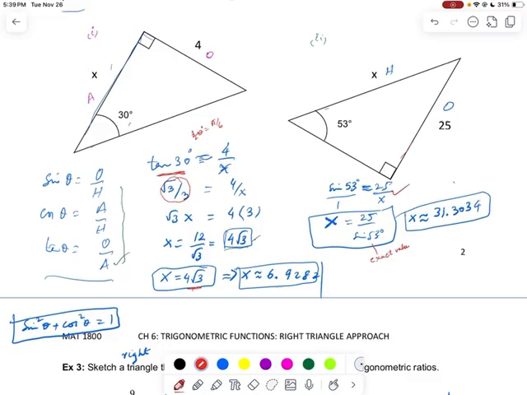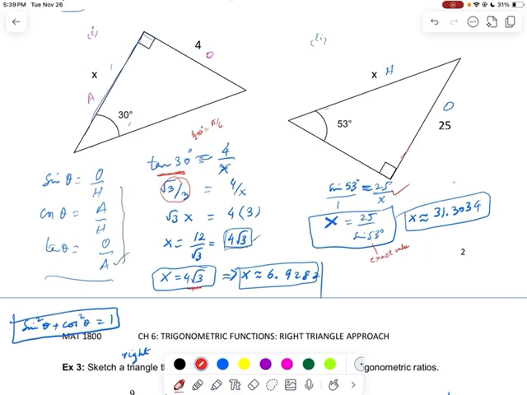Okay, now second example. So we are given the opposite, and we have to find the hypotenuse. A trig ratio that involves the opposite and the hypotenuse and the angle is the sine of theta. So sine of theta is equal to opposite over hypotenuse. Theta is 53 degrees.